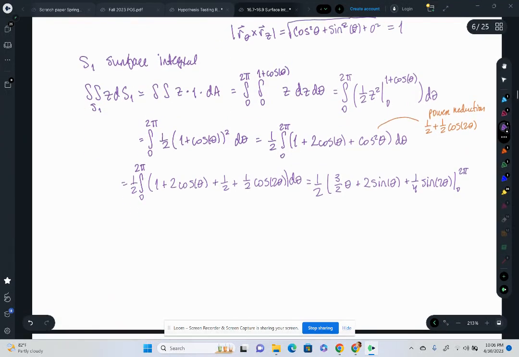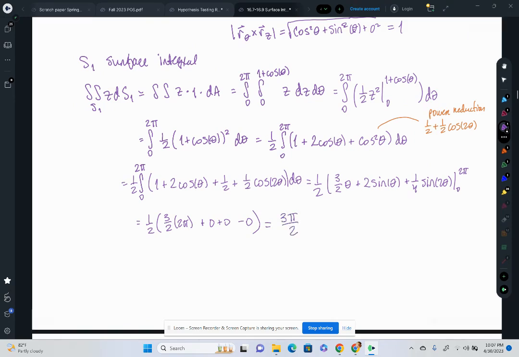The sine theta and the sine of 2 theta will both be 0 at 0 and at 2 pi, so we are really only going to get any contribution from the 3/2 times 2 pi. We get plus 0, and then minus a whole lot of 0. So this finally gives us an answer of 3 pi over 2. That's just for S1. We still have S2 and S3.